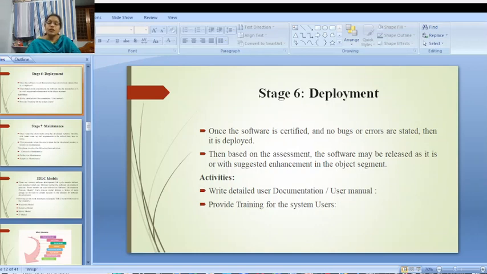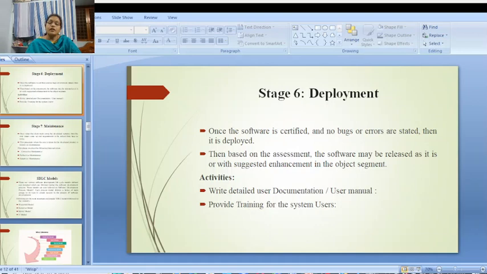So majorly in deployment, we have two types of activities, that is write detailed user documentation or user manual, and provide training for the system users. Writing detailed user documentation defines all the steps to use a system which is developed, for a new user even from scratch.